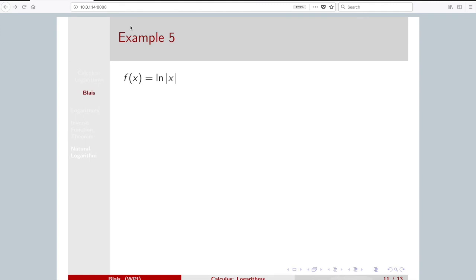Another example, which comes up extensively in Calc 2, when you start doing integral calculus, is when we're dealing with natural log of absolute value of x. Now, the natural log of absolute value of x, its domain, you can give it anything but 0.